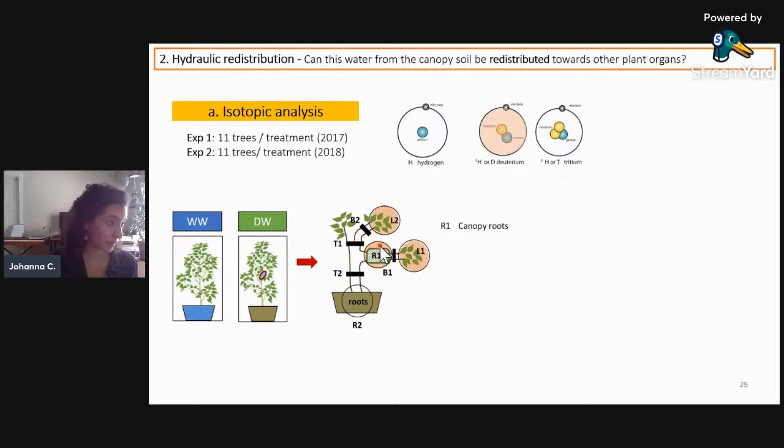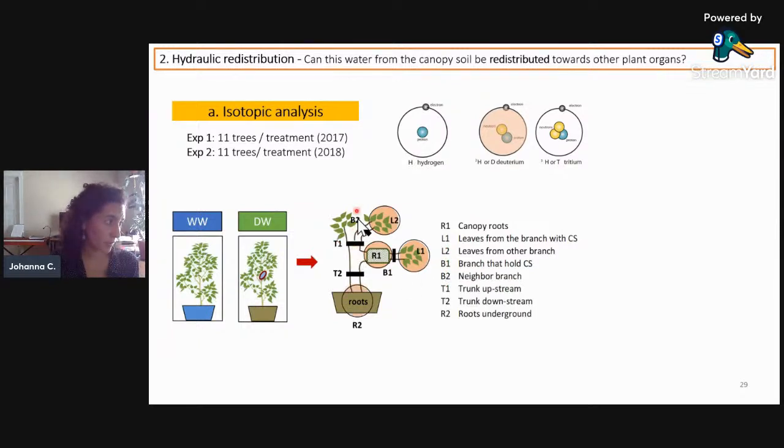We collected samples of the leaves that were on the same branch of the canopy soil, leaves from a neighbor branch, and samples of the branches, B1 and B2. We collected samples of the trunk, upstream and downstream, that is T1 and T2. And then we also collected samples of the roots underground.